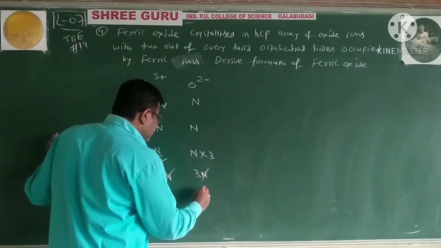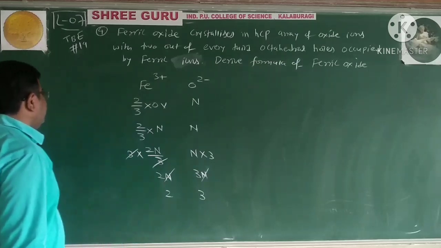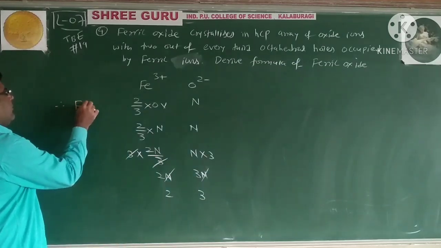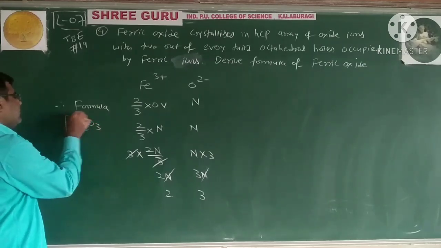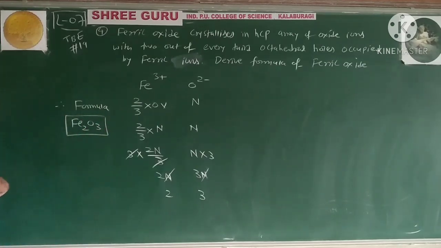We can cancel N here, 2, 3. This formula is Fe2O3. Right.